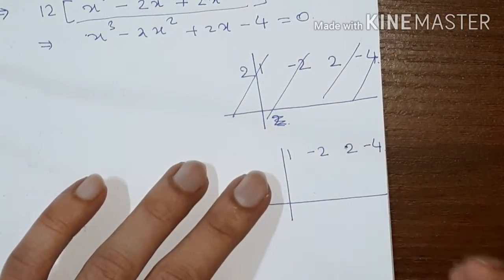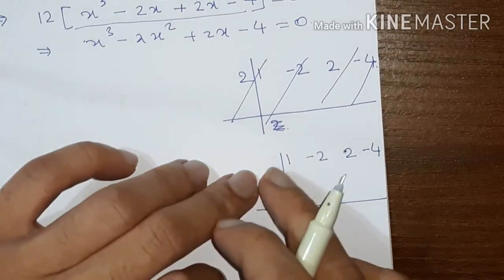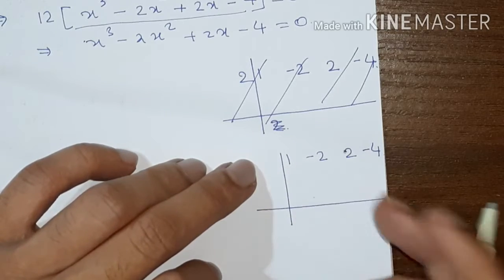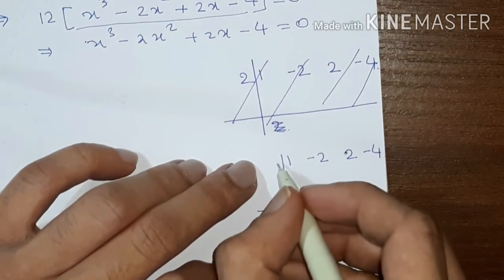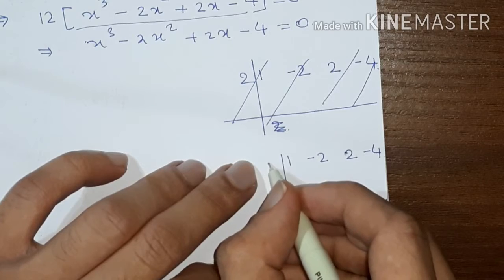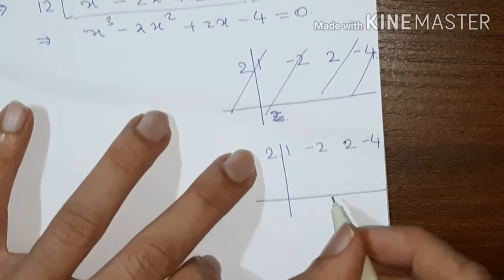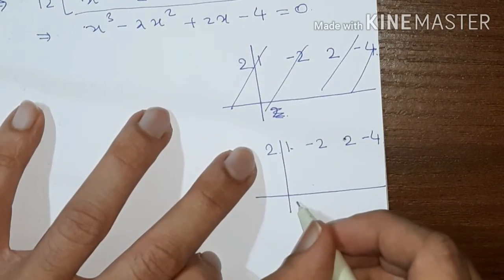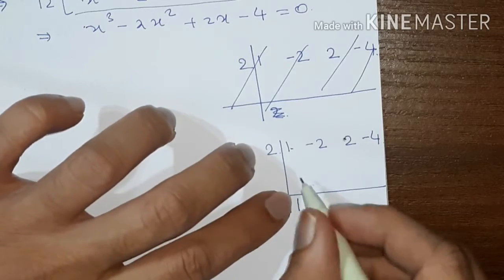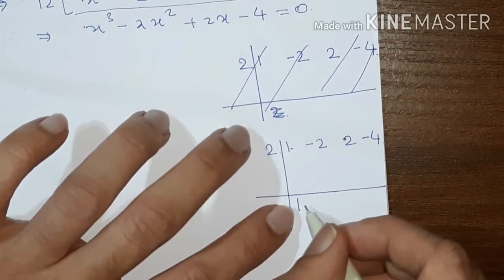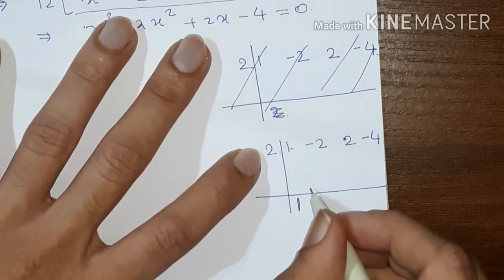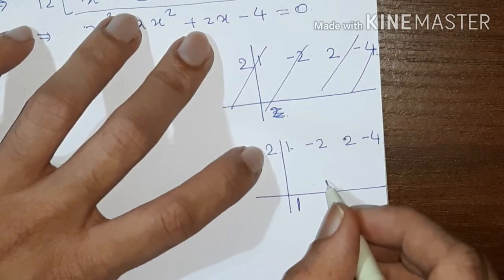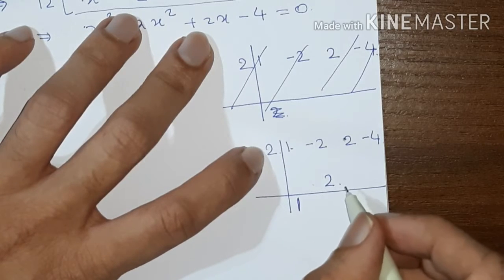Once you have this, you can take any integer here, say 2. Now you write this 1 down here, then multiply this number to this. So 1 multiplied by 2 is 2.